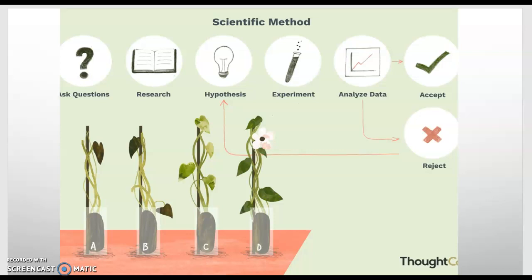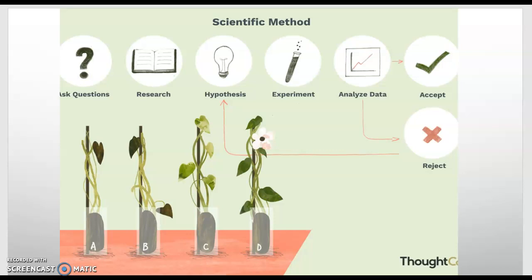Then we talked about making observations and collecting data, so analyzing our data. Right? And data is just a fancy word for observations. And they can be qualitative, so more visual observations, more sensory observations, or they can be quantitative, observations that include numbers.